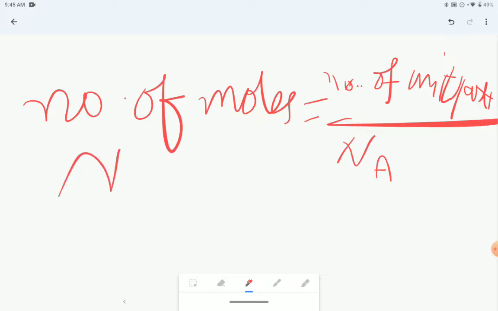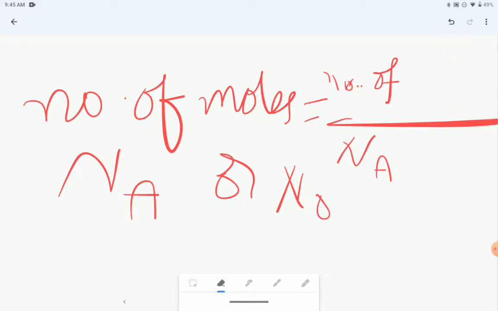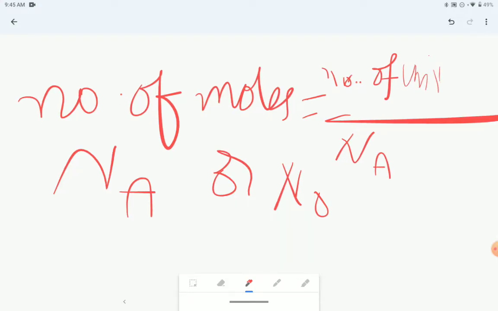Avogadro number is denoted by Na or N naught. Number of moles is given by number of unit particles by Avogadro number. This is the number of moles.